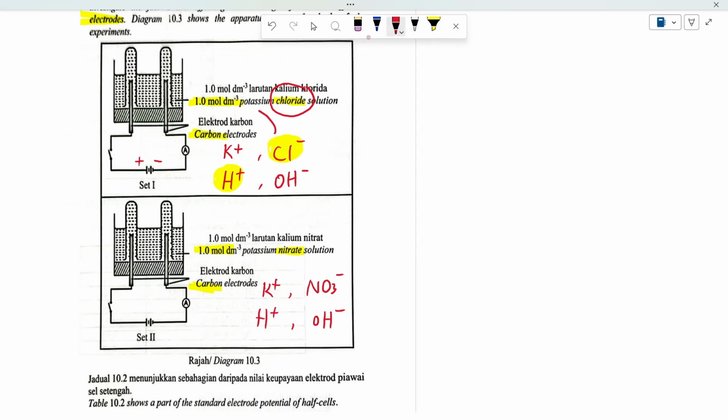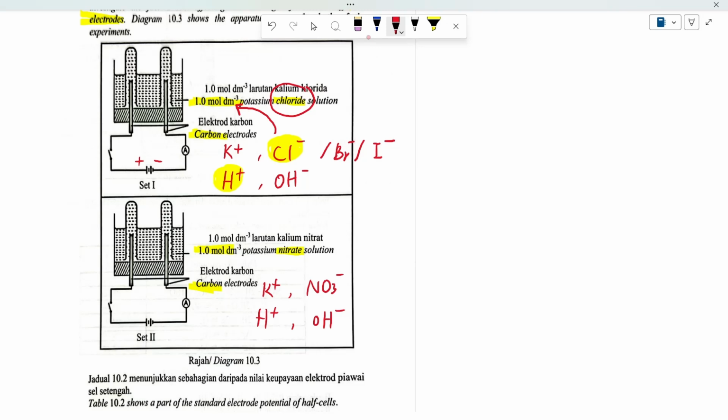Besides chloride, what else will we choose if the concentration is high? Bromide, iodide. These three, but here only chloride. If you see bromide or iodide, you need to consider the concentration.